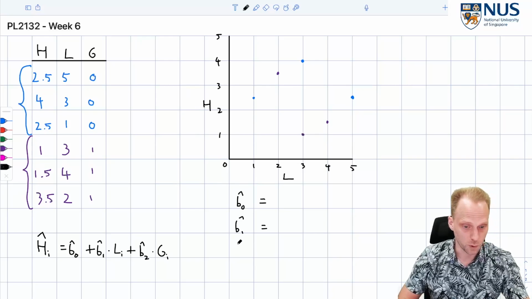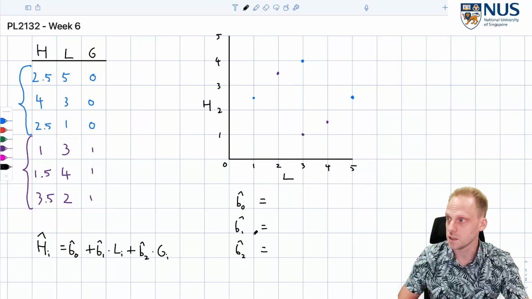So if we run this model in JASP, we would get our estimates for all 3 coefficients. In this case, we would get an intercept of 3.6, a slope of minus 0.2, and a group effect of minus 0.1.